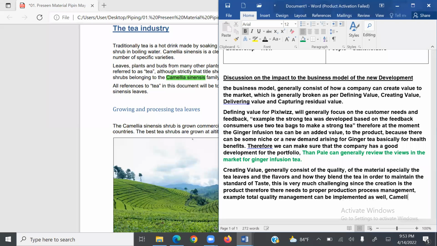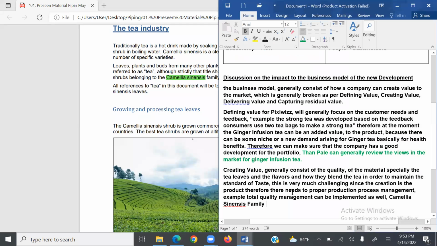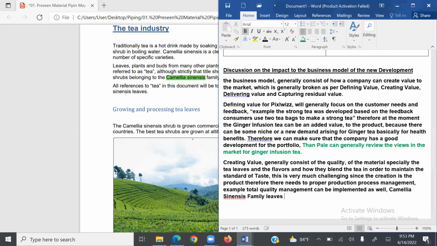Camellia sinensis family herbs, or I can say it is the leaves from that family. Family leaves should be maintained in order to attract the consumer base, because the consumer base is used to the Camellia sinensis family leaves only.